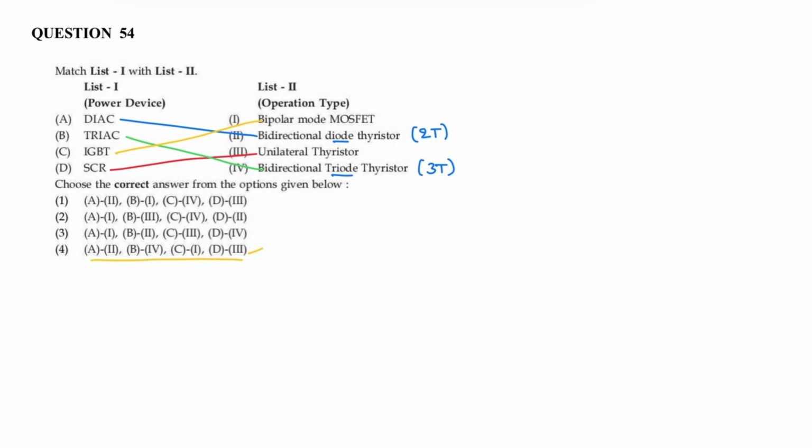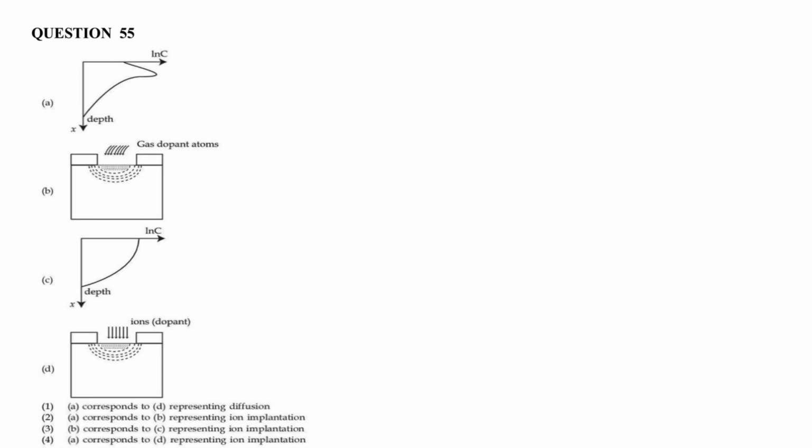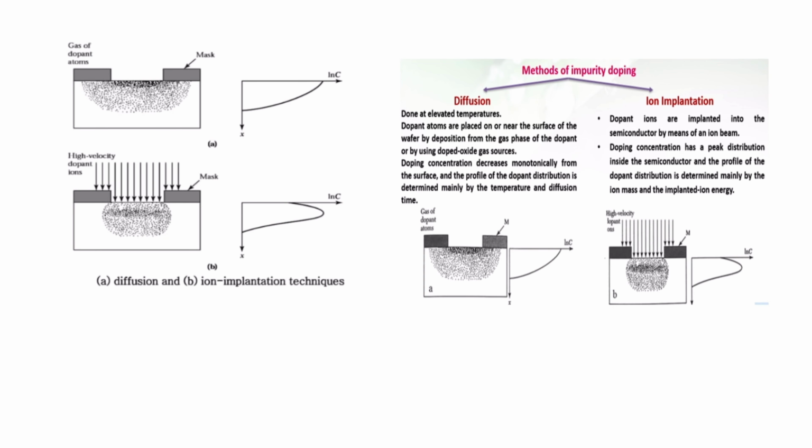Next question. This question is related to ion implantation and diffusion. In diffusion, atoms are placed on or near the surface of the wafer by deposition from the gas phase of the dopant, or by using doped gas sources.